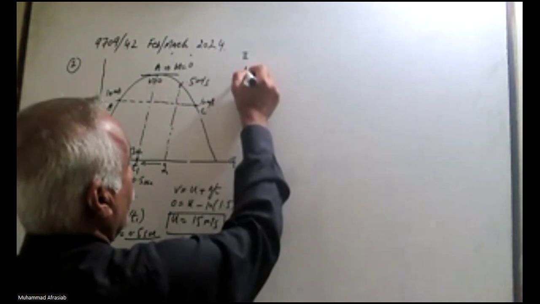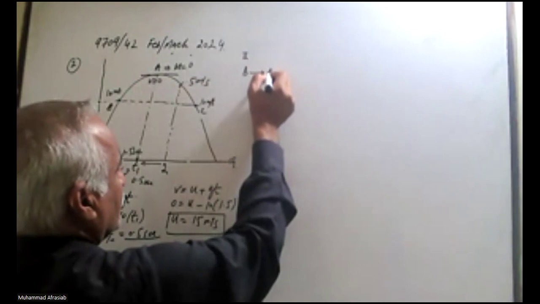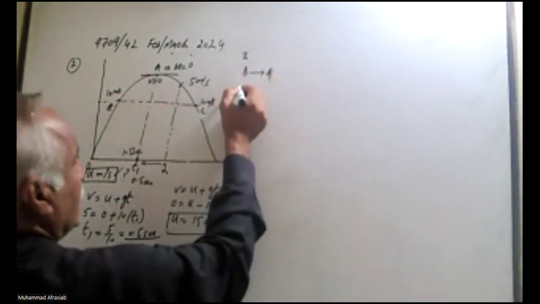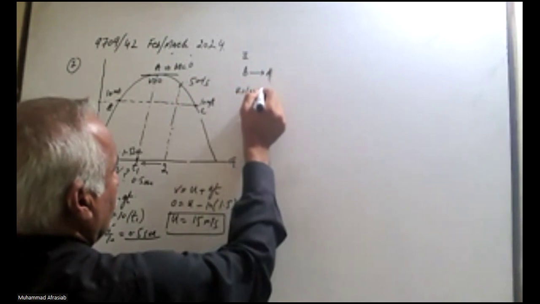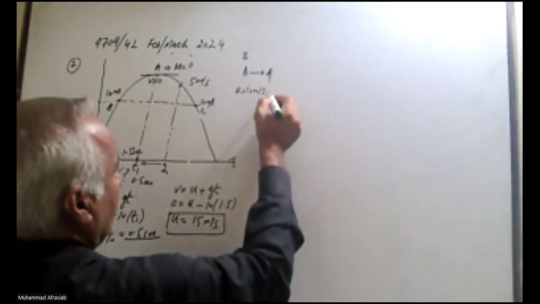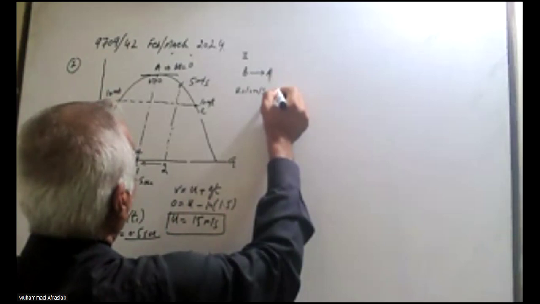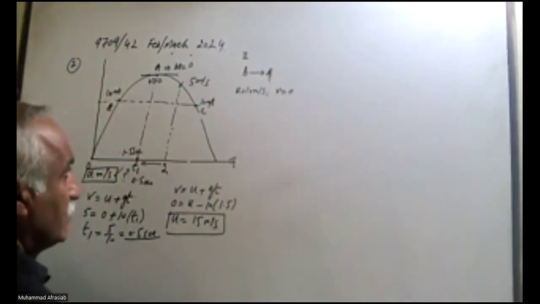Let's mark this position as B and this position as C. We are going to calculate the distance from B to A and from A to C. From B to A, at position B its initial speed is 10 meters per second.